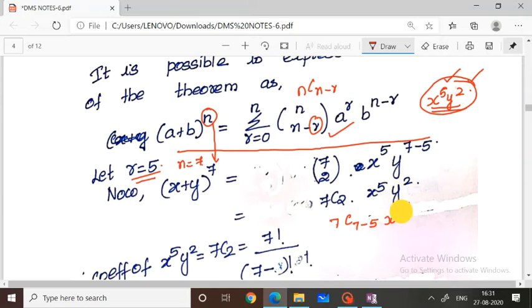Here r equal to 5 gives x raised to 5, and then y raised to 7 minus 5.